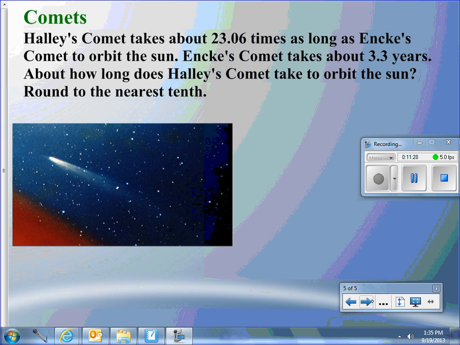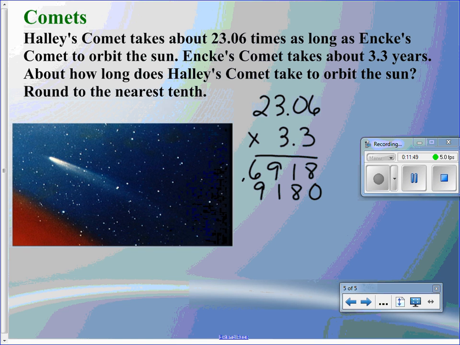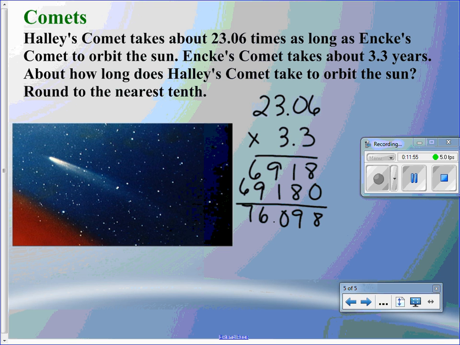So go ahead and set this up. Multiply 23 600 times 3 3/10. Decimal will go here, and as our instructions say, round to the nearest 10th.